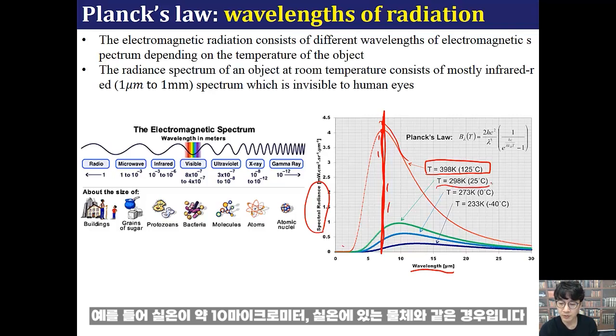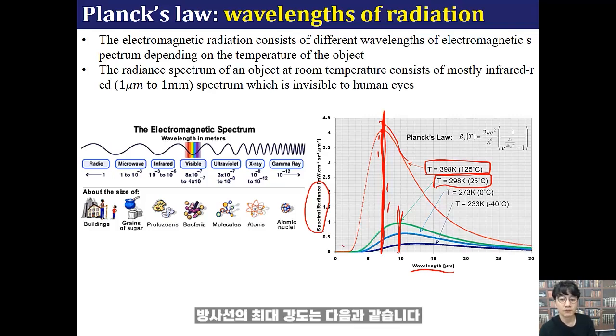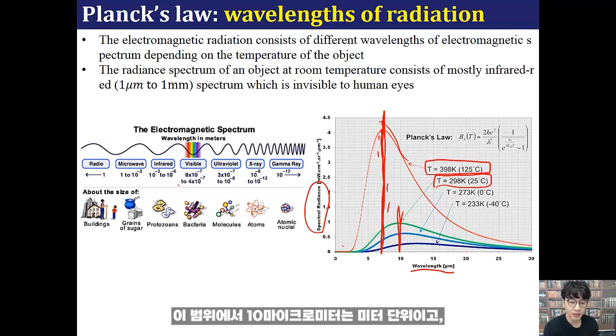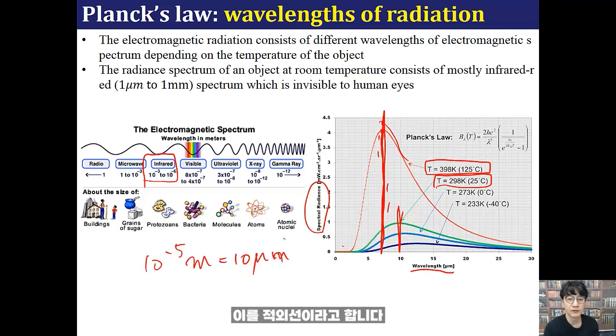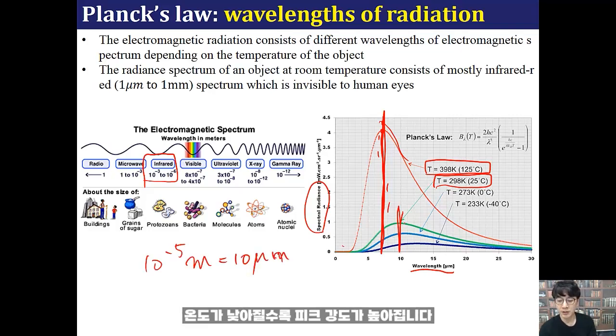For example, for room temperature the peak is around 10 micrometers. For an object at room temperature, the peak intensity of the radiation is around 10 micrometers. So 10 micrometers is in this range, right? This is in meters. 10 to the minus 5 is 10 micrometers. This is called infrared.